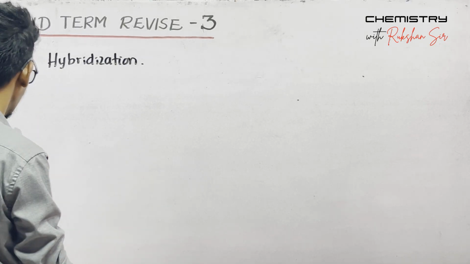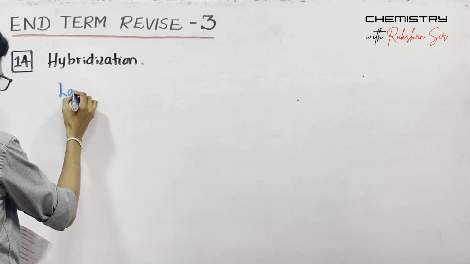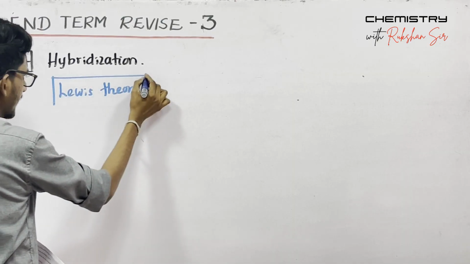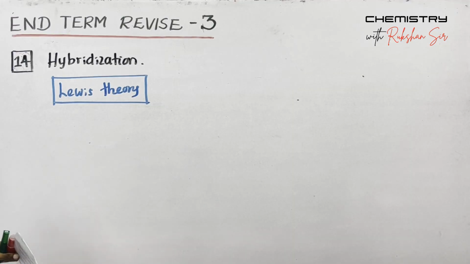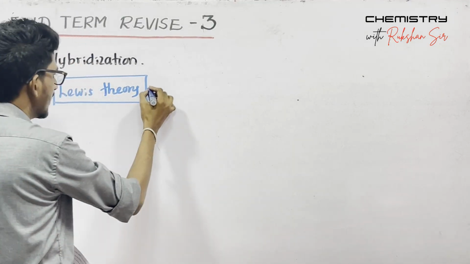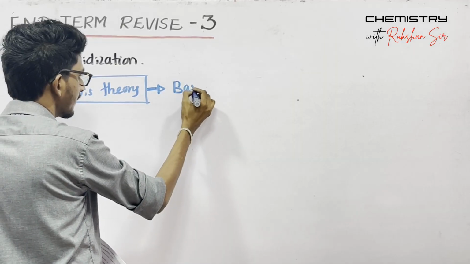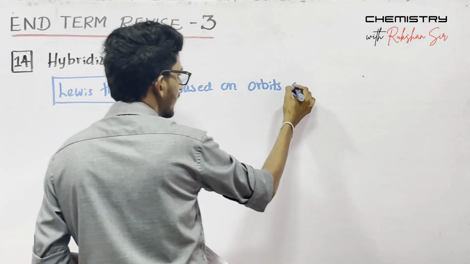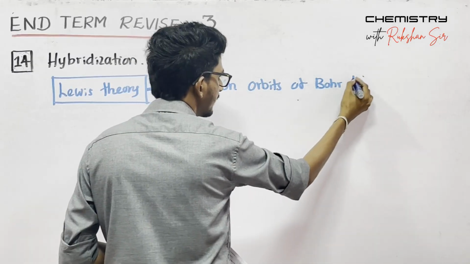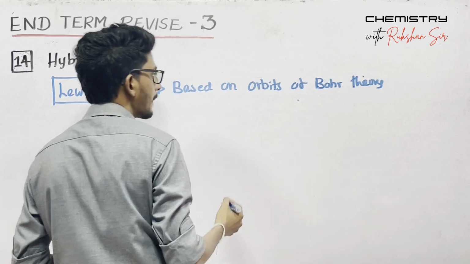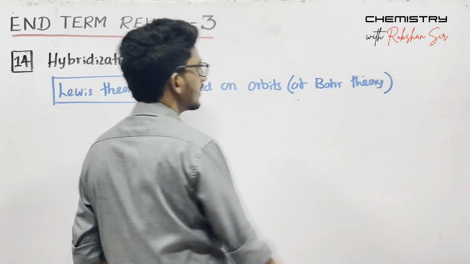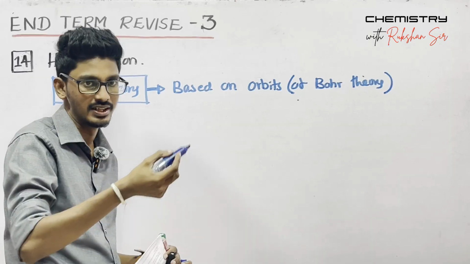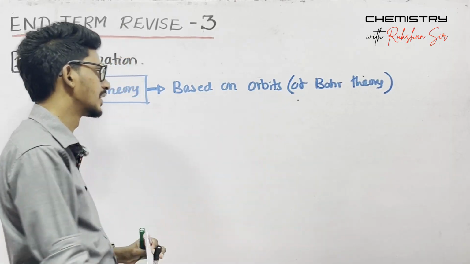When it comes to Lewis theory, it is based on orbits of Bohr theory. First energy level, second energy level, 2, 8, 8 stuff, based on the orbits of Bohr theory.